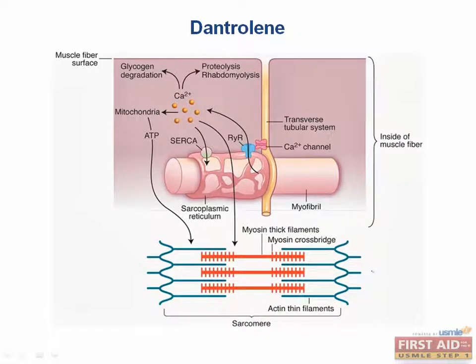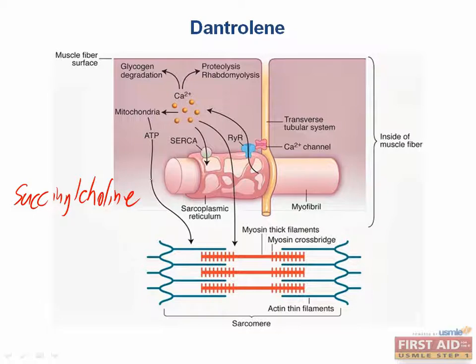To better understand why and how dantrolene works, let's first discuss one of the conditions it treats, which is malignant hyperthermia. Malignant hyperthermia occurs in patients with a genetic susceptibility, so make sure you ask about family history before any surgery. Classically, it is triggered by succinylcholine, one of the neuromuscular blocking agents we just talked about.